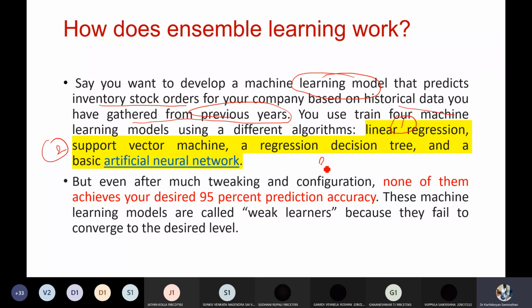The third is the decision tree. The fourth is ANN, artificial neural network. We will use these four algorithms and feed our historical data as input, train our models, and see the prediction, what the percentage of the prediction accuracy is. So this is the scenario.